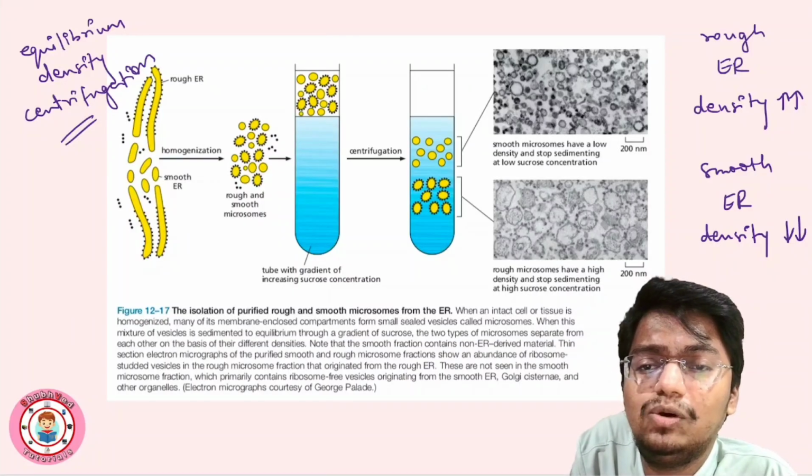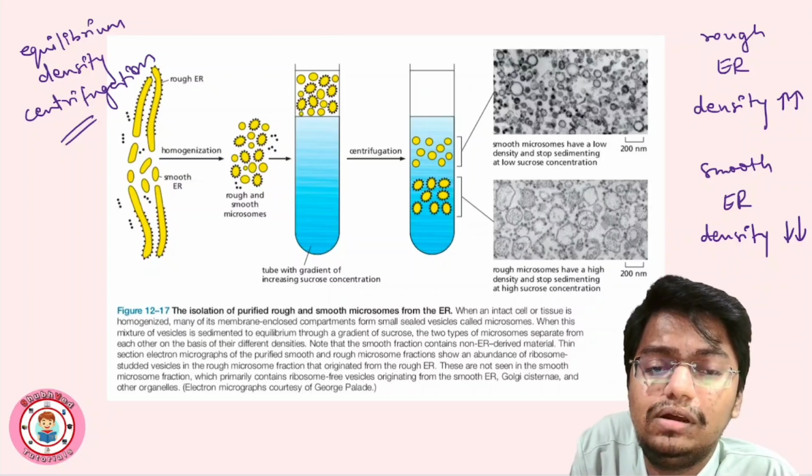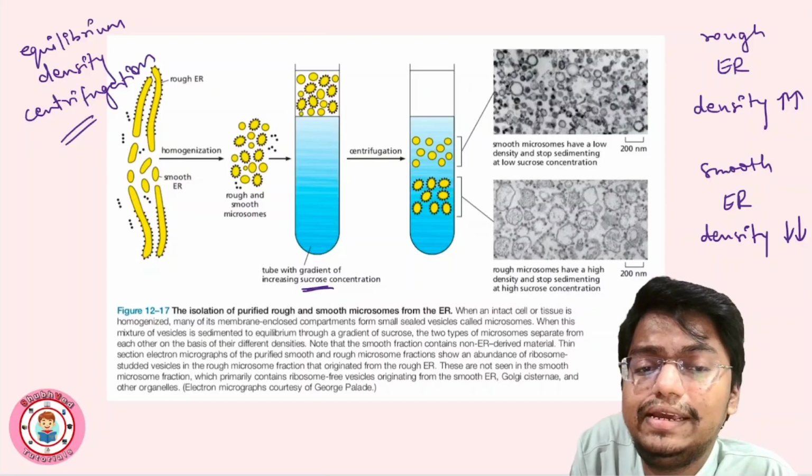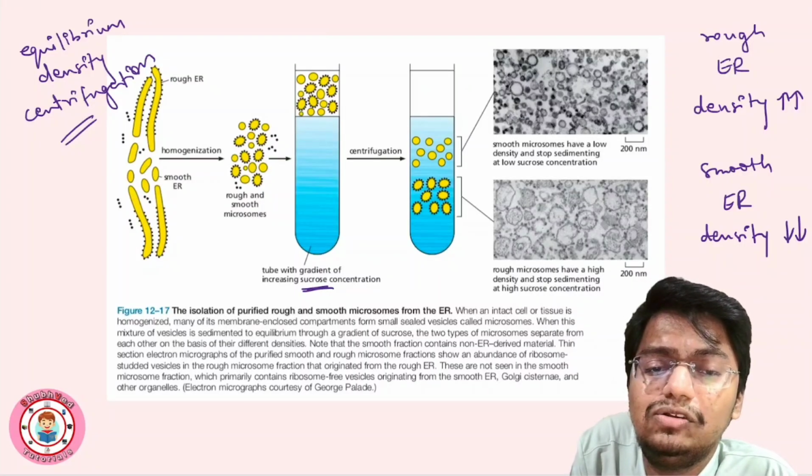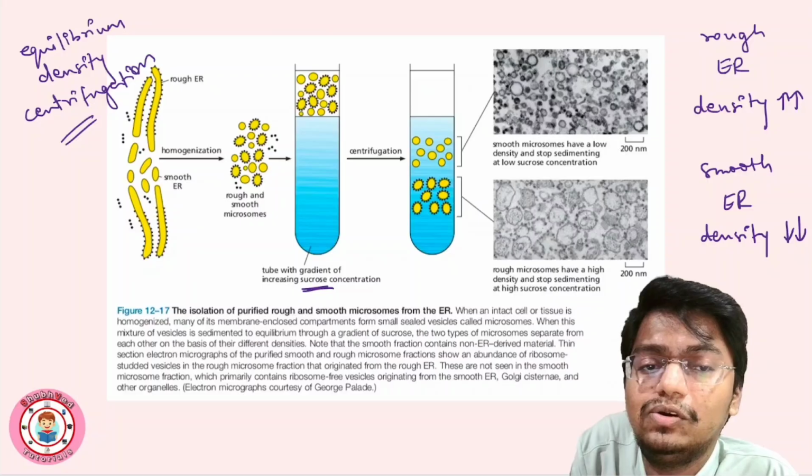Rough ER will weigh more because of ribosome presence and smooth will weigh less. So on this principle, we can use a density gradient. Here sucrose is used as a density gradient, with increasing sucrose concentration. Got it?